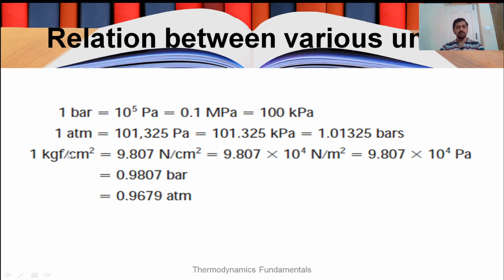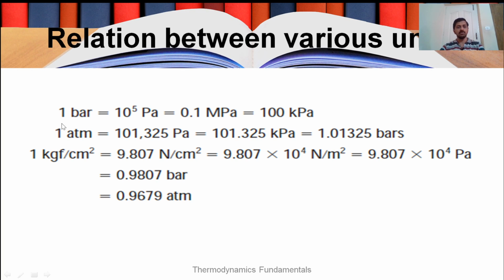Similarly, another unit in the CGS system is kilogram force per centimeter square. It is equal to 9.807 into 10 to the power 4 pascals, which is equivalent to 0.9807 bar or 0.9679 atmosphere.